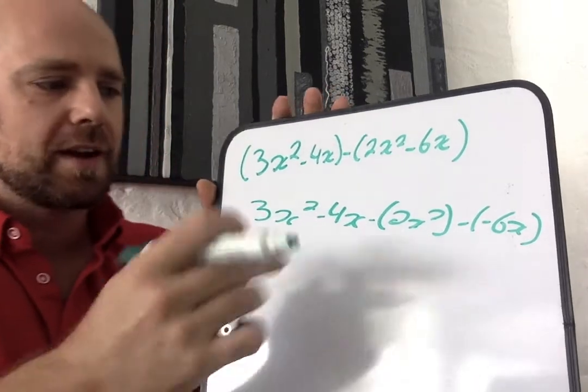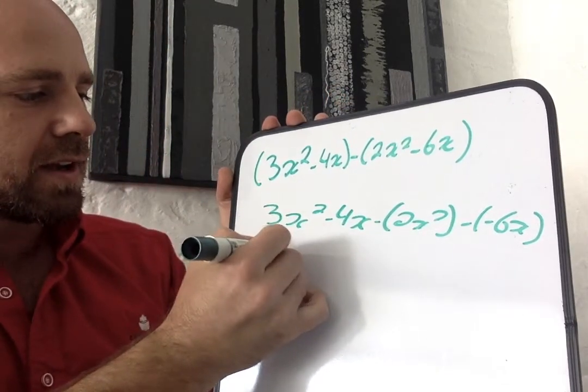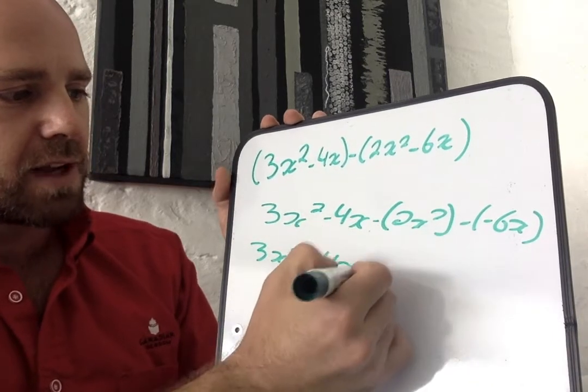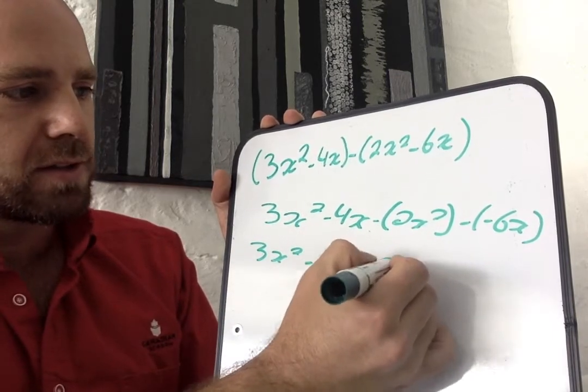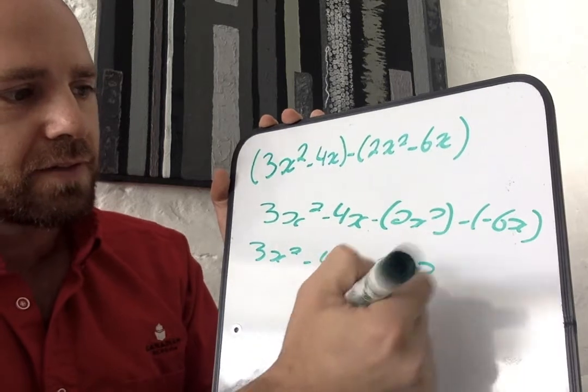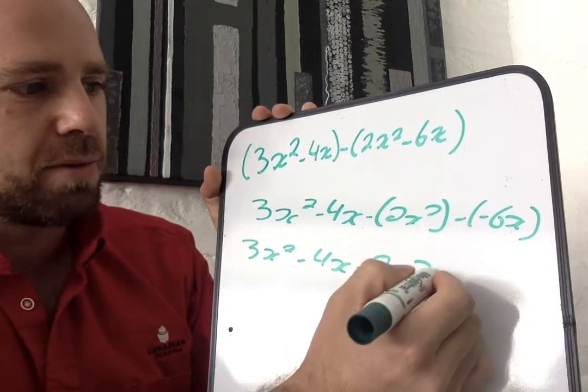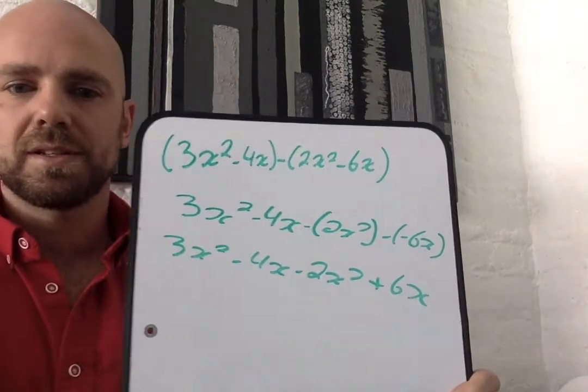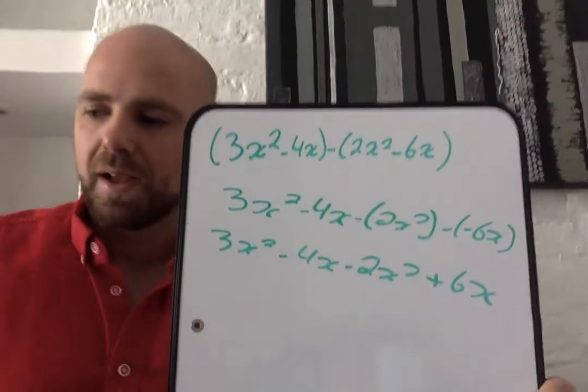Okay, so if I expand this a little bit further, I'm going to get 3x squared minus 4x. A negative times a positive is going to be a negative, so minus 2x squared. I have a negative times a negative, which is going to be a positive, so plus 6x. Okay, so this is my next step.